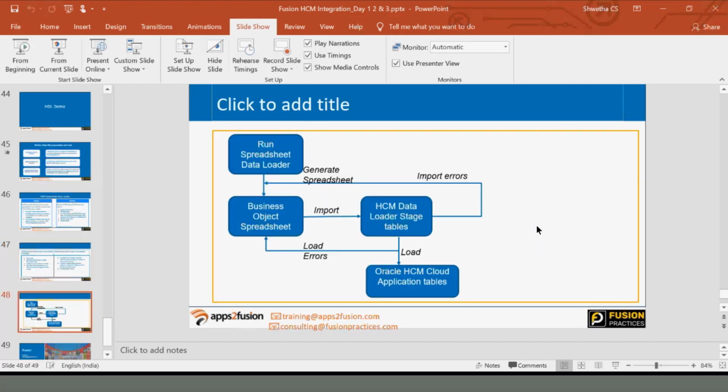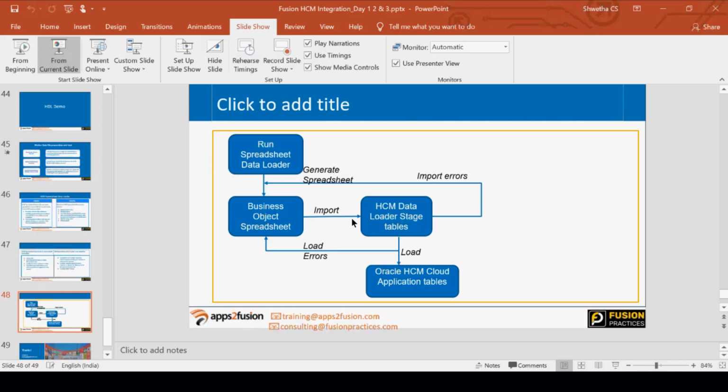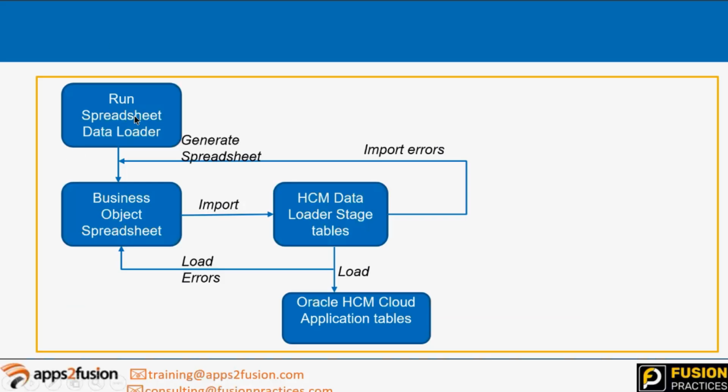Okay, and spreadsheet loader has two different steps. If you look at this diagram, when you run a spreadsheet loader, it gets the data and stores it in HCL stage tables. All the import happens to HCL stage tables.